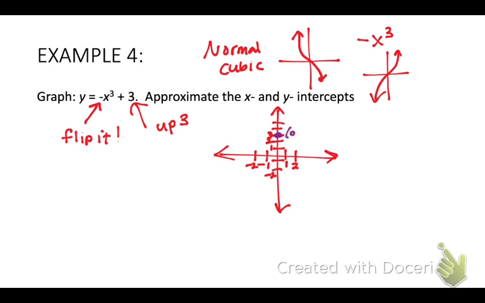If I plug in -1, well, -1 to the third power is -1 times -1 is +1. 1 plus 3 is 4, so at -1 we're at 4. If I plug in +1, I get 1 to the third is 1. -1 plus 3 is 2. And there's going to be my curve. What would be your x-intercept?